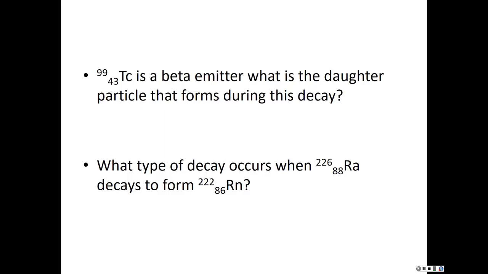So that's going to be 226, 88 Ra. And then it's going to decay to form 222, 86 Rn plus 4, 2 He, which is an alpha particle.